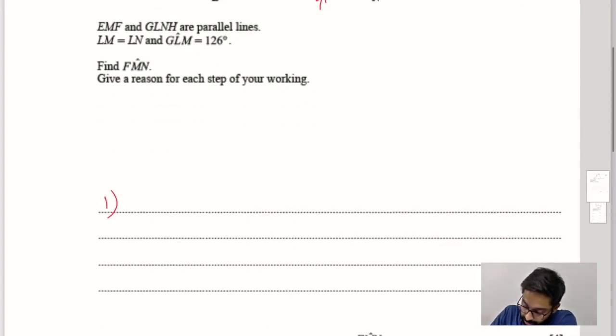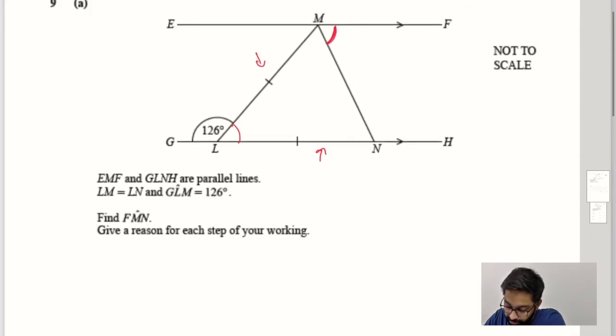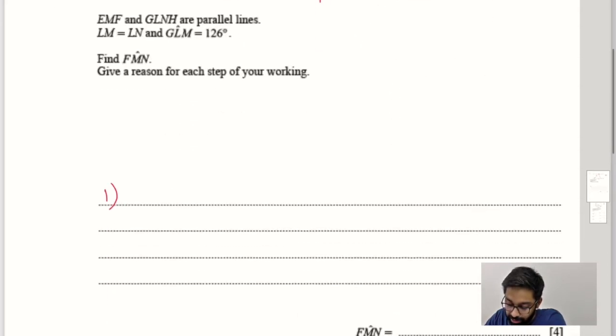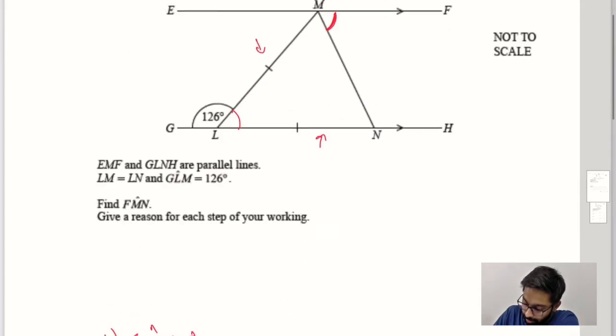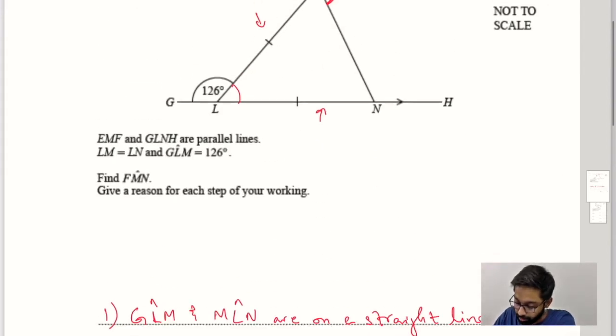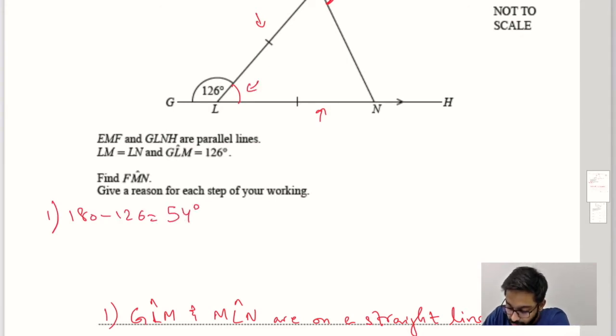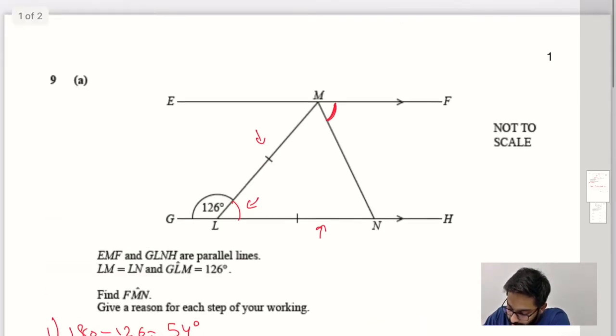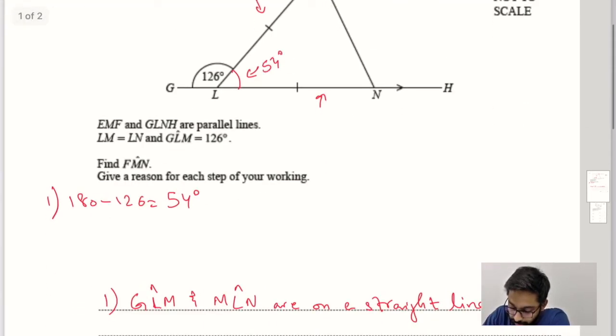That means the first reason that we can give is that angle GLM and MLN are on a straight line. If they are on a straight line, I need to subtract 126 from 180. I would get 54 degrees. So angle MLN is 54 degrees. Perfect.